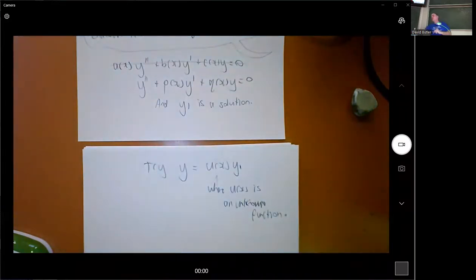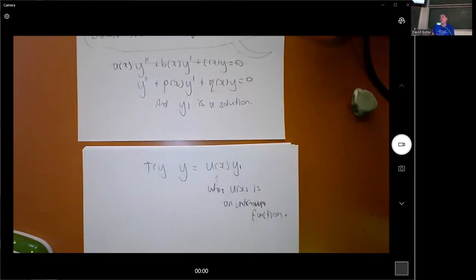So if we do this with a linear constant coefficient ODE, in the situation where the existing solution is already e to the alpha x, then it turns out that the right function for u is either e to the something else x or x, depending on what the equation is like. Sorry? Oh, it doesn't always work.